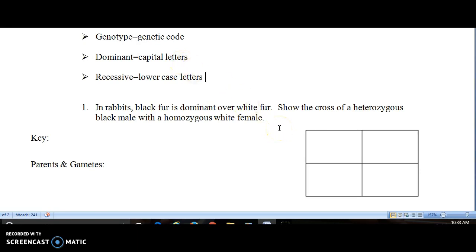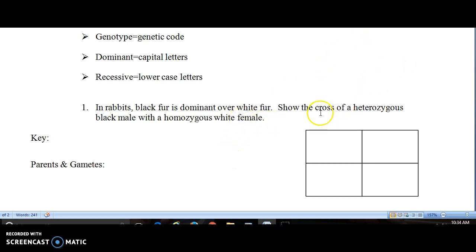And then it says, show the cross of a heterozygous black male with a homozygous white female. So we have to use some of the letters from above to help you know what are the codes of these parents and what kind of traits the parents will give their children when they pass them on.